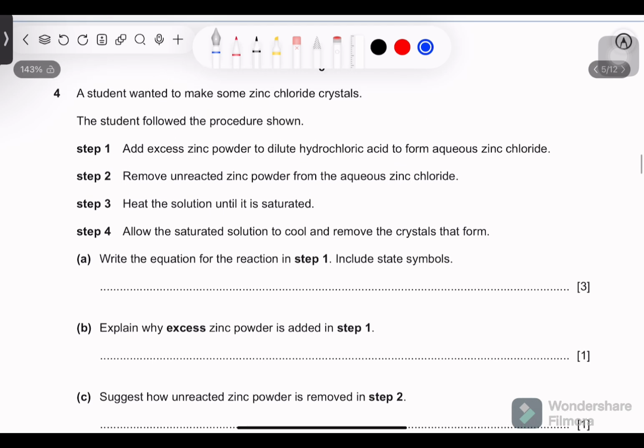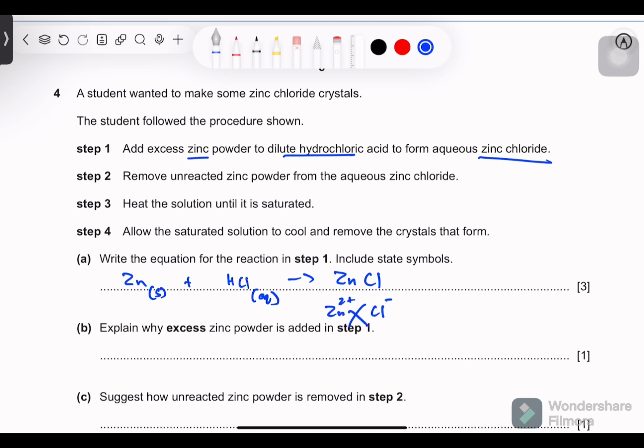Write the equation for the reaction in step 1. So what was happening in step 1? Zinc reacted with dilute hydrochloric acid to form zinc chloride. So zinc is a solid metal plus HCl is aqueous, acids are aqueous, to form zinc chloride. The zinc has 2 plus charge, chlorine has minus 1, so zinc chloride is like this.